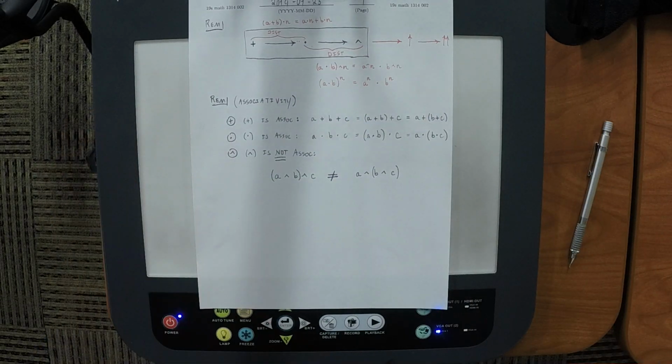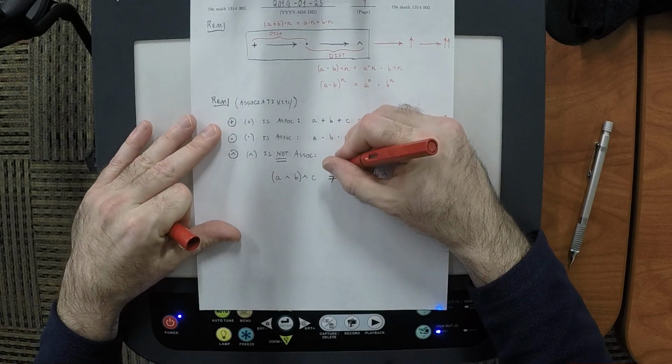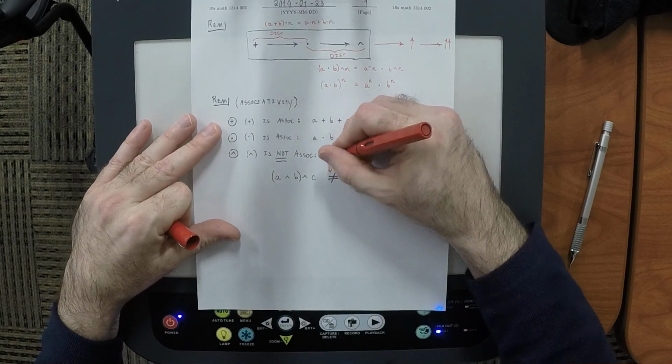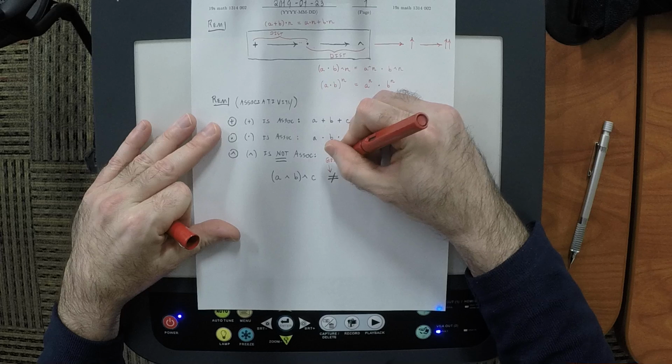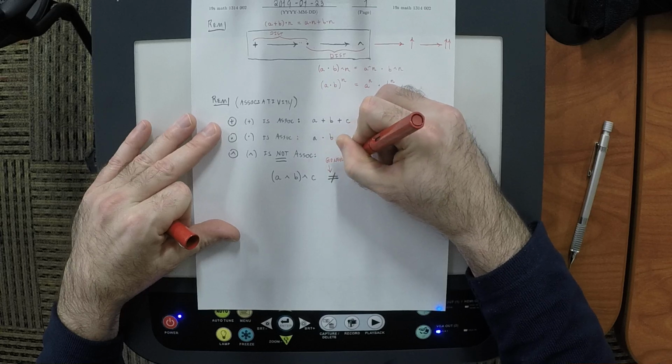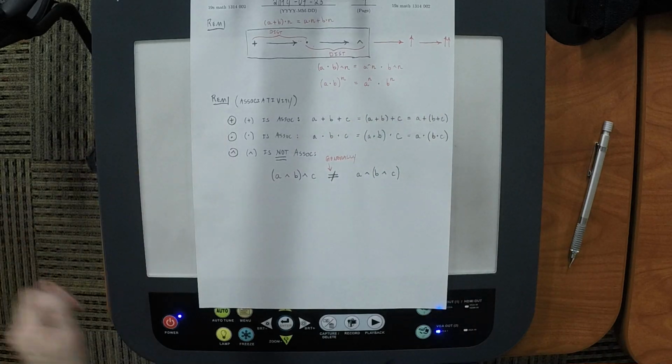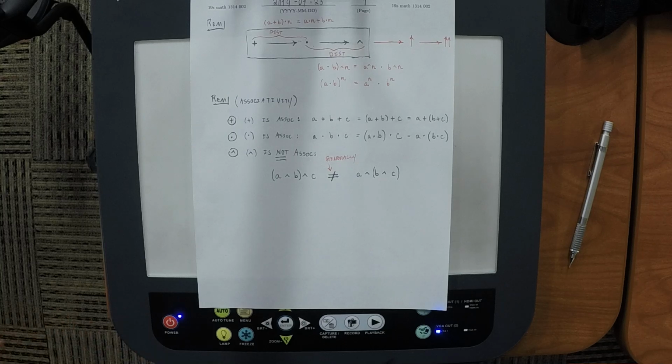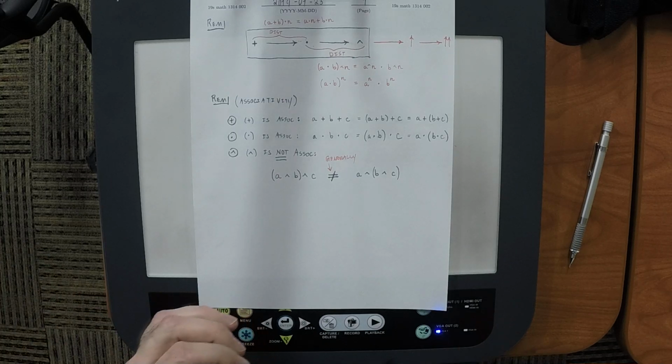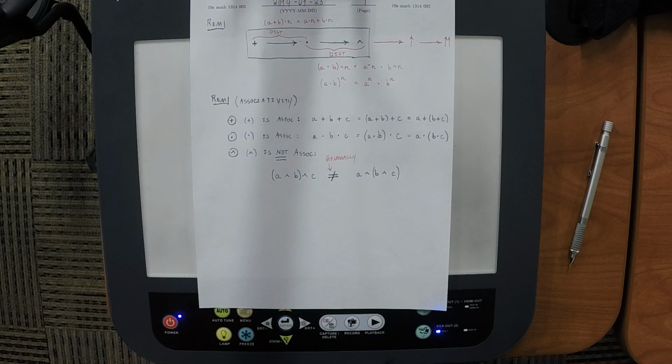Now I need to put a little qualification here. This is generally. What I mean by that is that you could pick your favorite A, B, and C, and it might work for your favorite A, B, and C. But it's not going to work for any A, B, and C whatsoever.